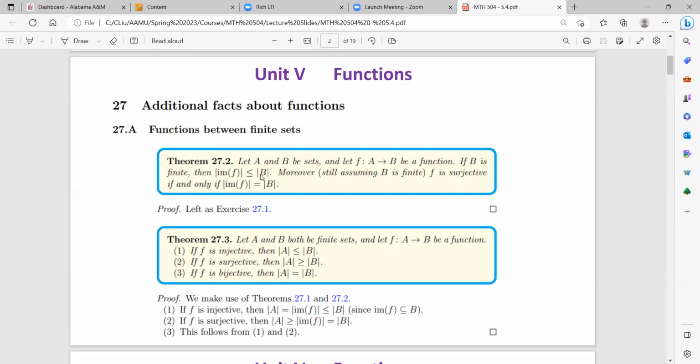The size of the image of f is less than or equal to the size of B, and f is surjective if and only if the equality holds. The size of the image of f equals the size of B, and this is pretty easy to prove actually.